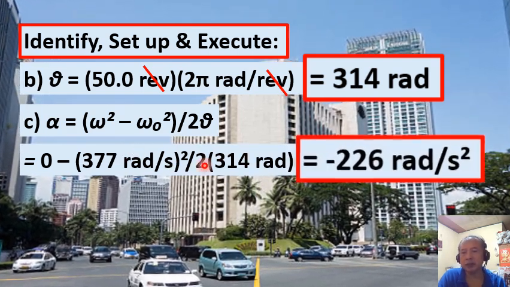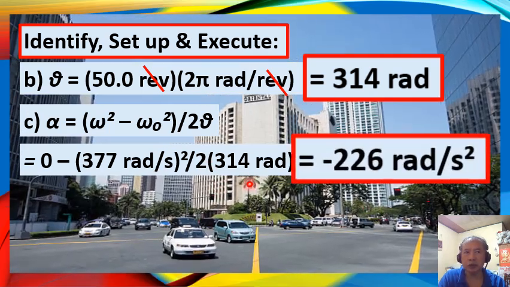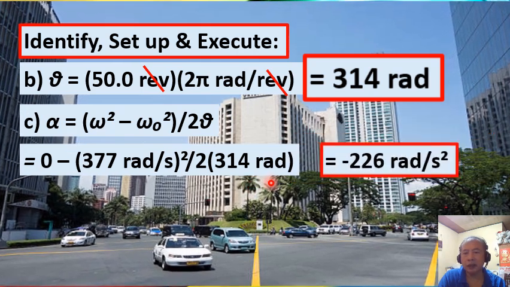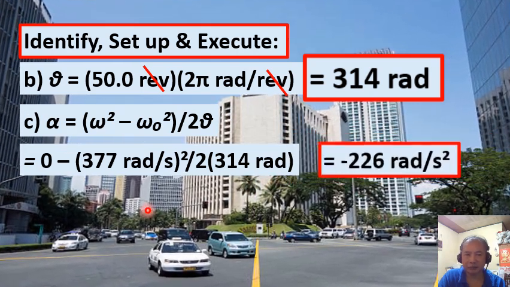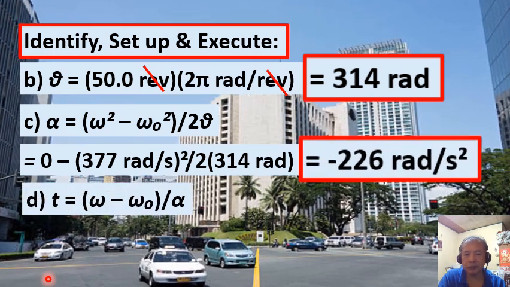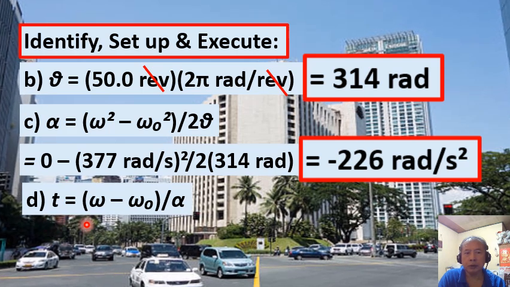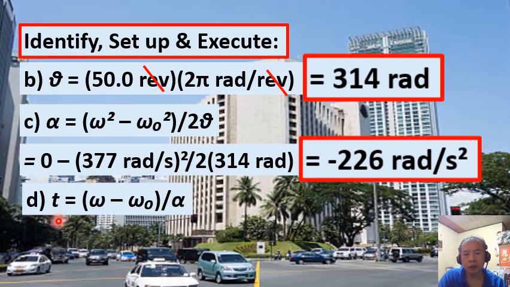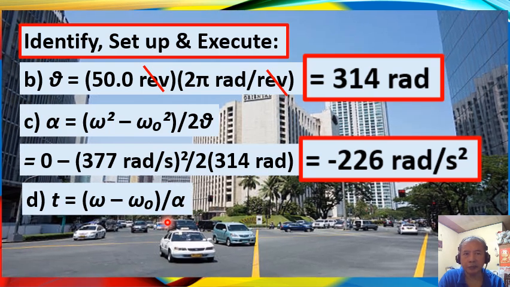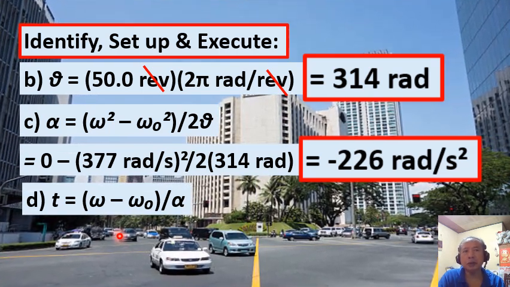The meaning of the negative sign is that the centrifuge is slowing down as it rotates until it comes to rest. And finally, in part D, our task is to compute the time, denoted by small letter t. This is the time necessary for the centrifuge to come to rest.